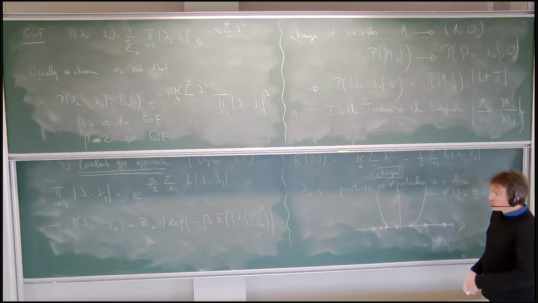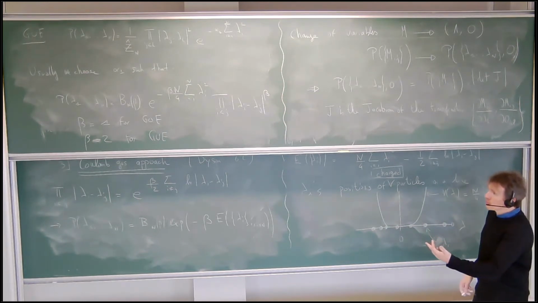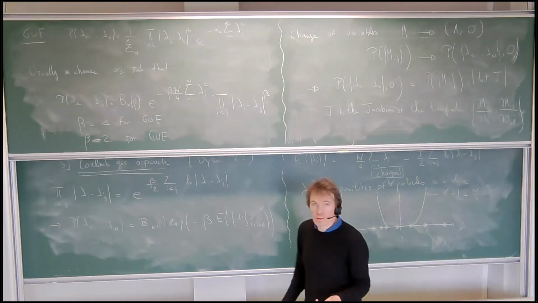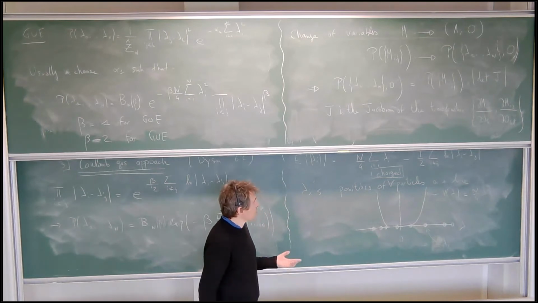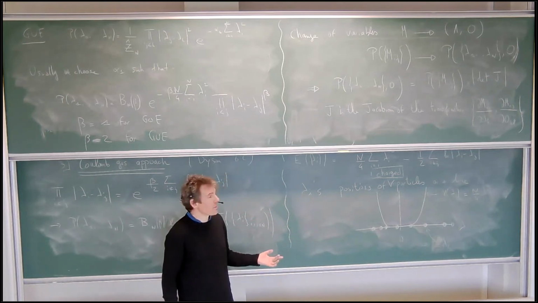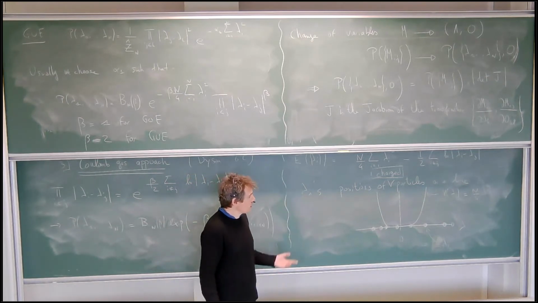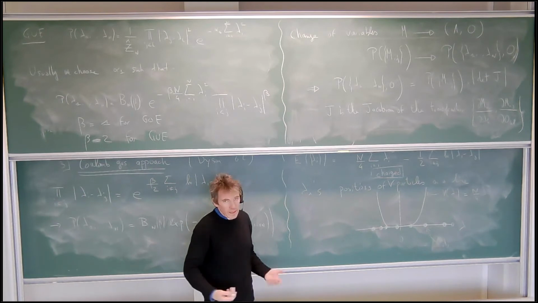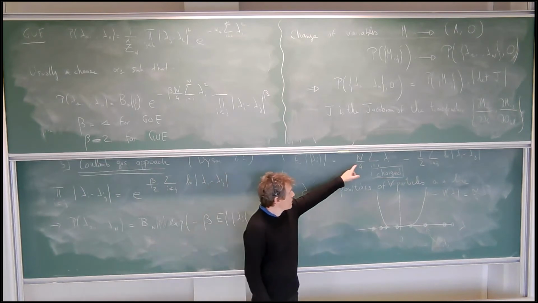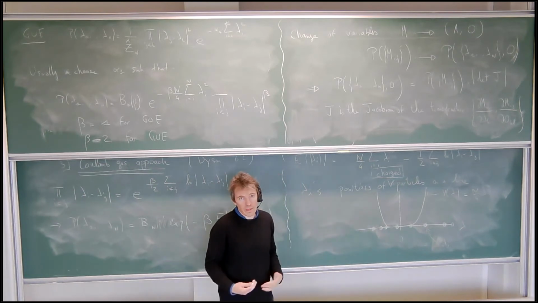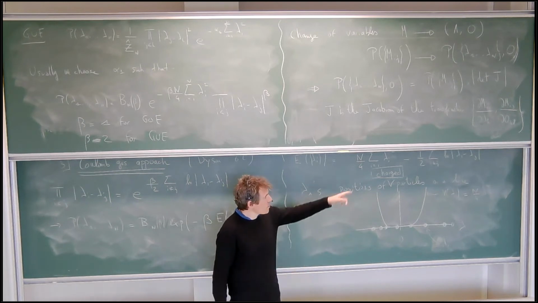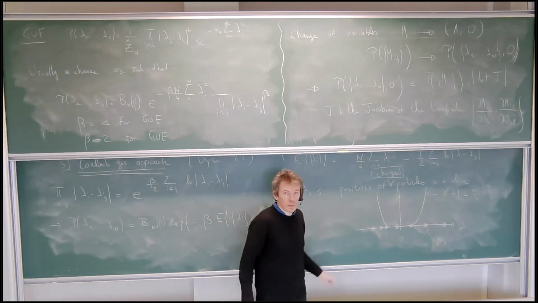So at the end of the day, you have transformed a problem which was quite mathematical initially into a statistical mechanics problem where you are dealing with particles on a line which feel a quadratic potential, and on top of that are interacting repulsively via this logarithmic potential.